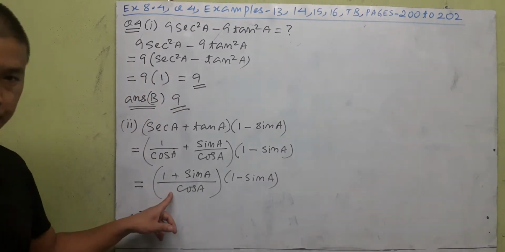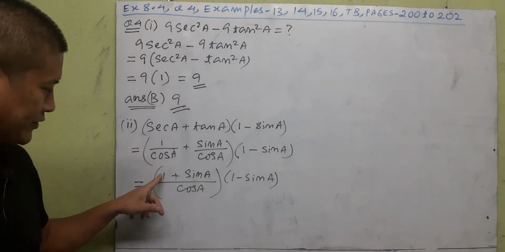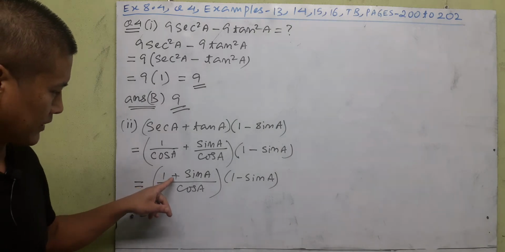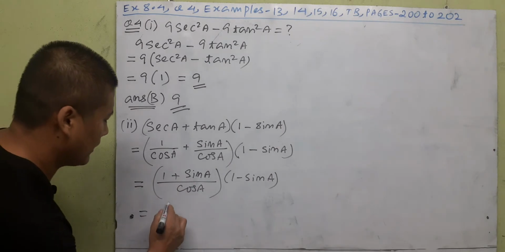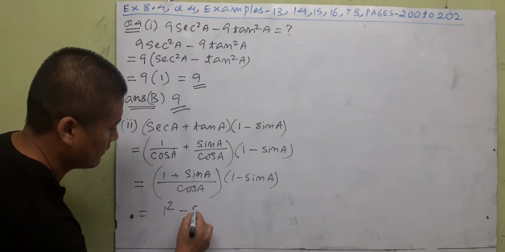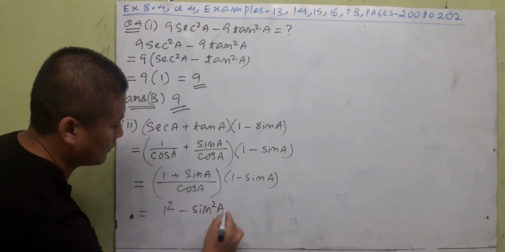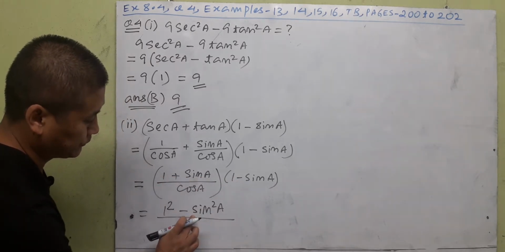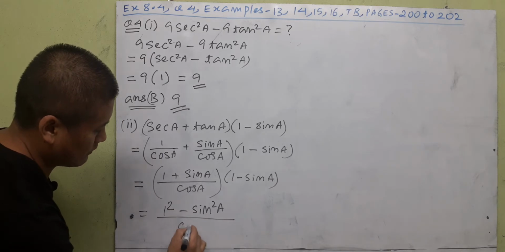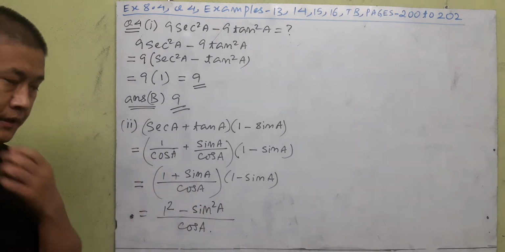If we look at this carefully, we see that this is in the form of (a plus b) into (a minus b), so we can apply the a square minus b square formula, divided by cos a, right?